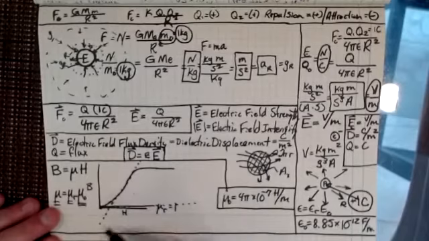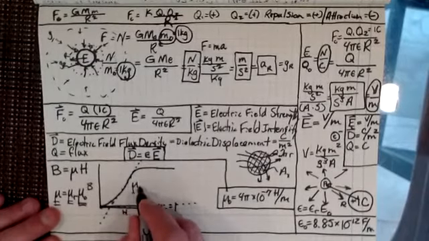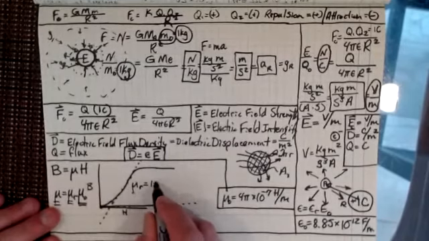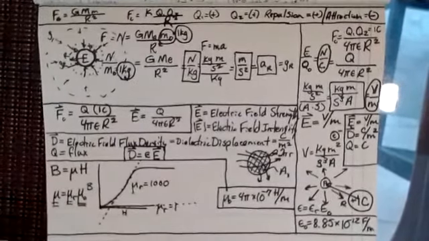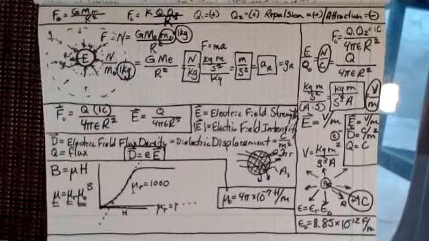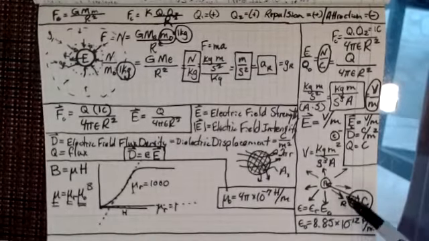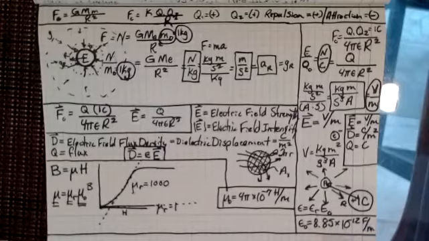Not drawn to scale, there's my disclaimer. But for steel, mu sub r equals 1,000. Do we have something like that for epsilon sub r? We sure do, right? Or how could we make capacitors? We've got something like that for epsilon r, and I'm going to talk more about that.